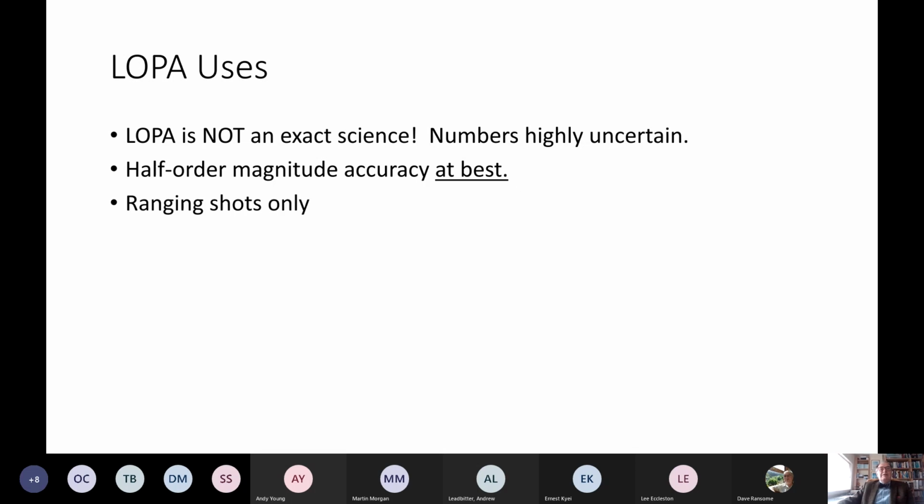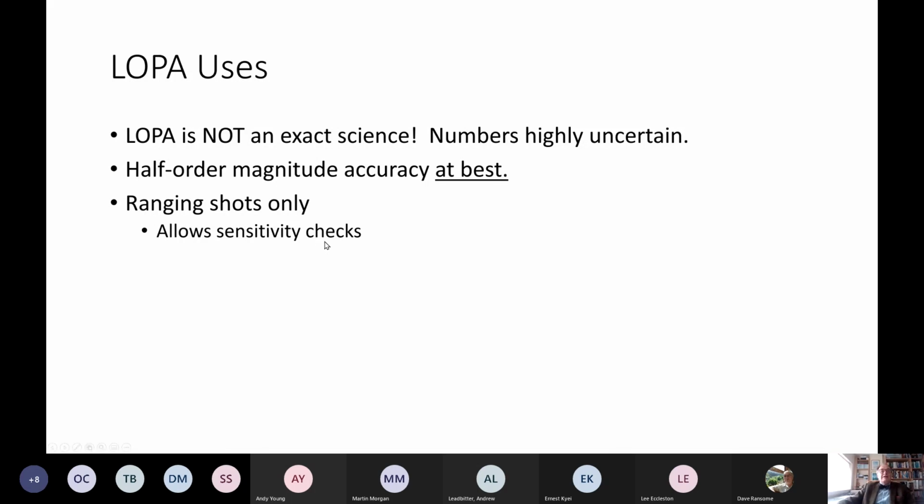And in that respect, a LOPA should only be regarded as establishing ranging shots for the analysis of risk, for evaluating the risk in any given scenario. It remains useful in that respect, of course, because it does allow us to perform these sensitivity checks.